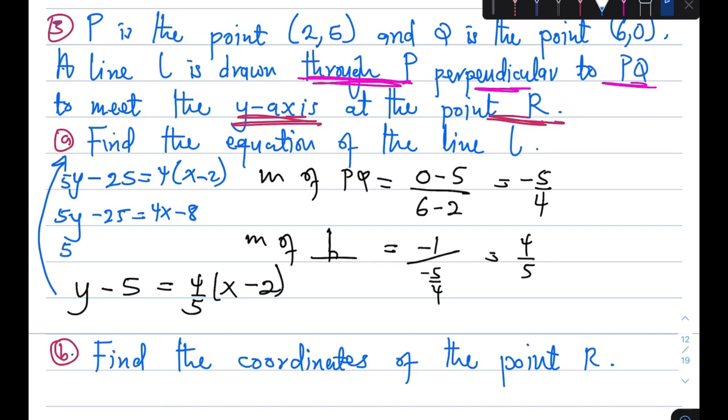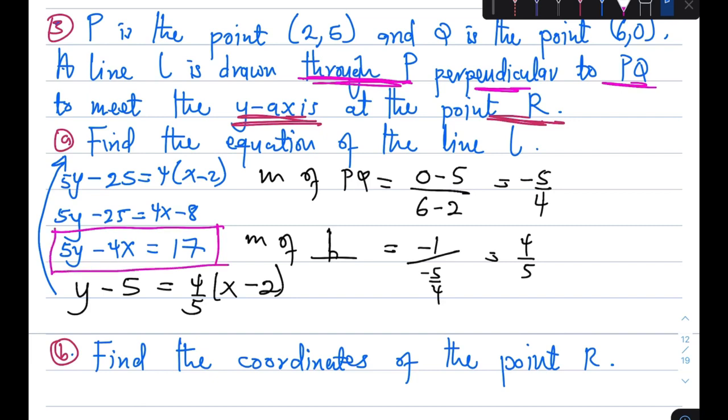So we have 5y minus 4x is equal to -8 plus 25, that will give us 17. I can also leave my answer in this form and it's acceptable.